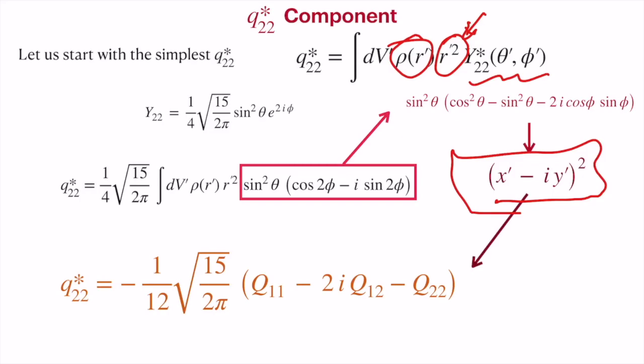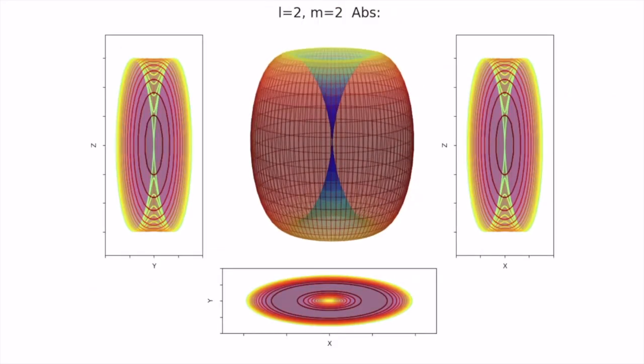Here the relation is much more complicated. We have seen the several terms contributing to this. More detail we will see when we see how the potential looks like. Currently, let's visualize only y22 first absolute value.